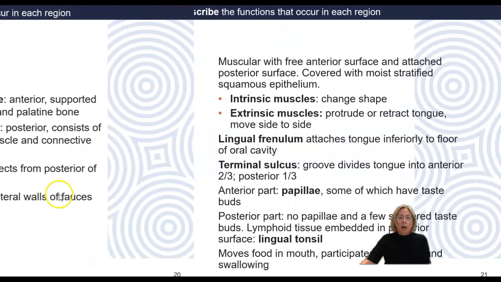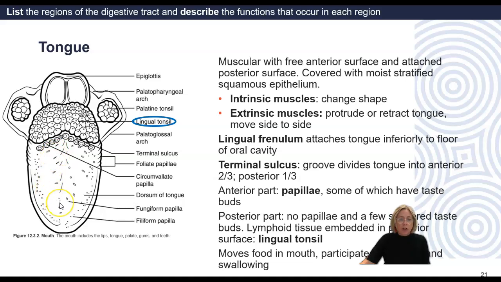Now, the tongue itself is a muscular structure. It has a free anterior surface and attached posterior surface, and it's covered with moist stratified squamous epithelium, again, to protect against abrasion. I mentioned that it's a muscular structure, so it has these intrinsic muscles that can change the shape of the tongue. You might want to be doing it while I'm talking here. And also extrinsic muscles that protrude or retract the tongue and move it from side to side.